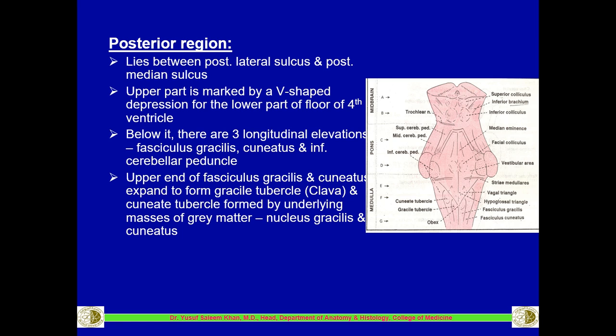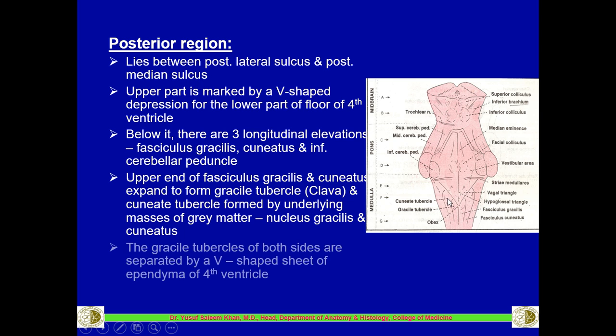Here the fasciculus gracilis and cuneatus will have fibers, and the tubercles will have the nuclei. Not the cranial nerve nuclei exactly, it will be the nerve nuclei which will be present there.